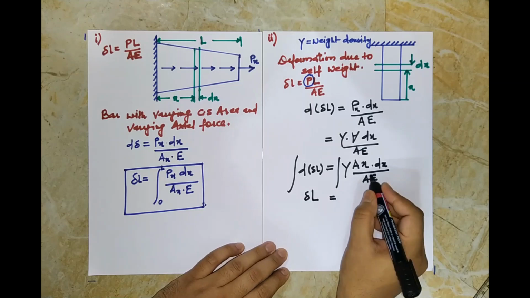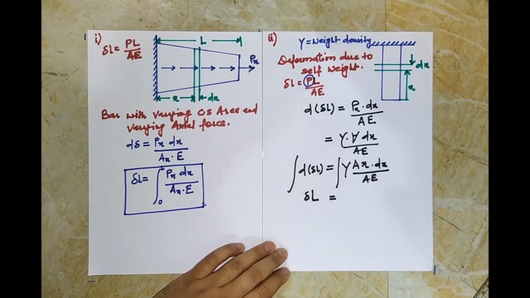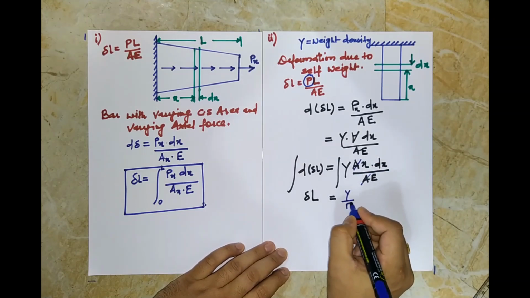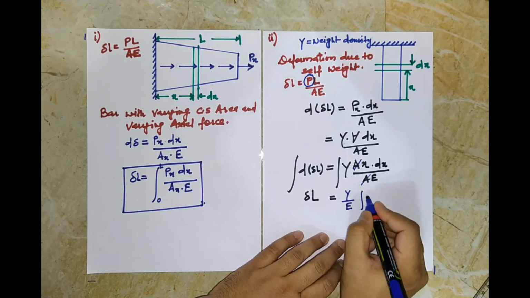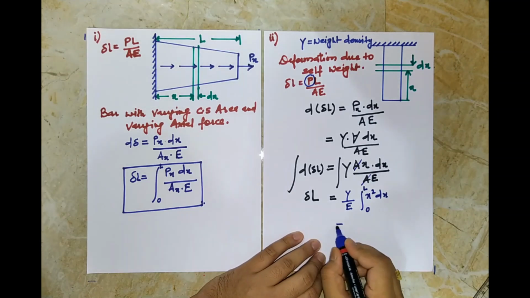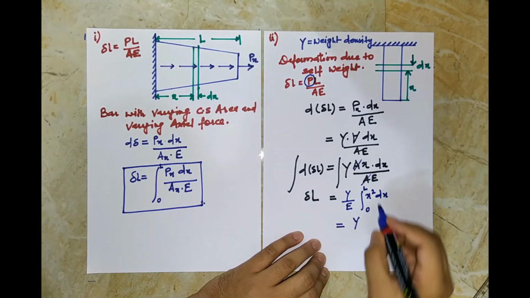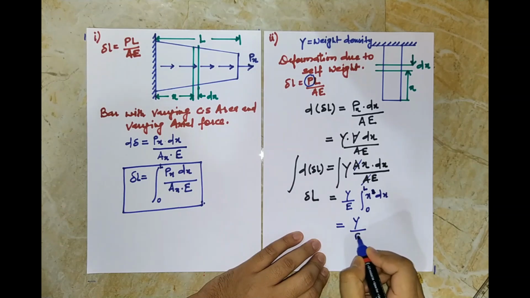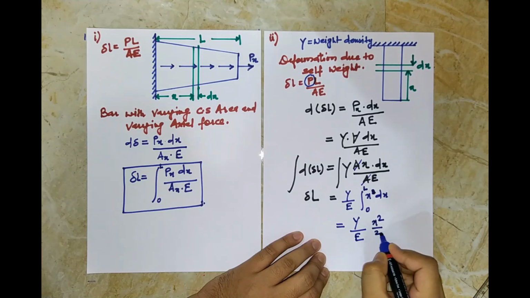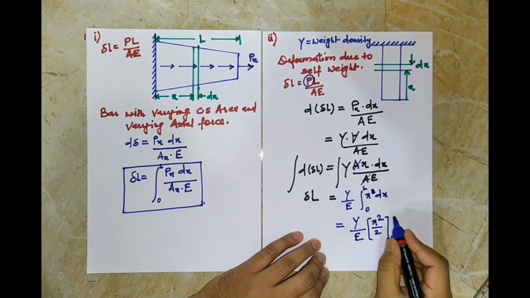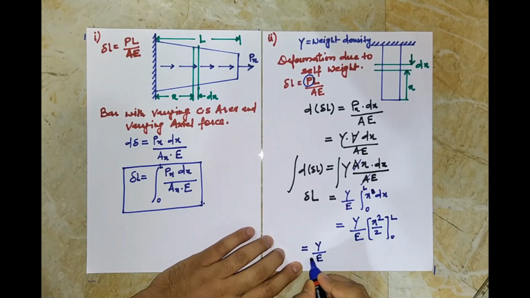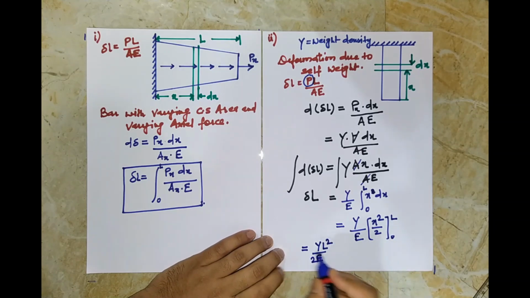A gets cancelled here, so we have gamma by E, and we integrate x dx from 0 to L. The integration of x dx is x square upon 2, which gives gamma L square upon 2E.